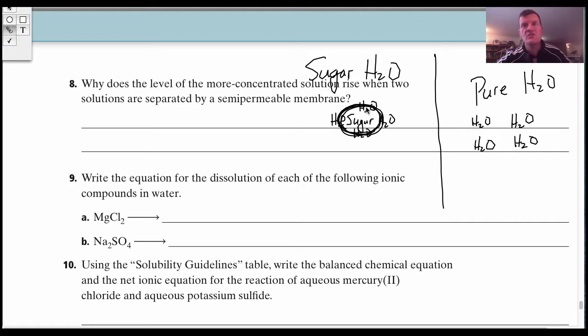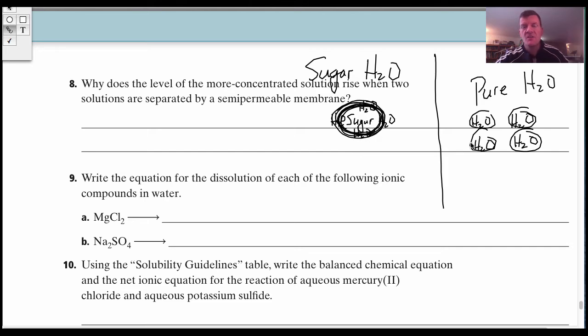You have just reduced the concentration of pure water over here. Now it is a sugar molecule surrounded by water, and over here you've got 4 pure water molecules. On the sugar side, you've got 0 pure water molecules, because they're all surrounding the sugar.